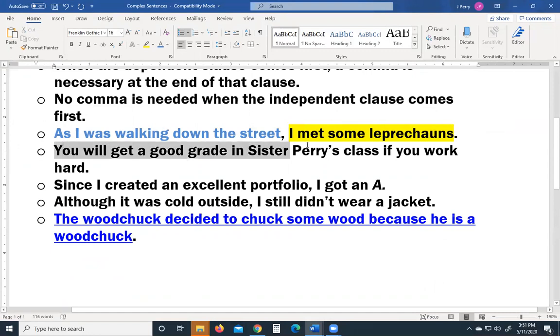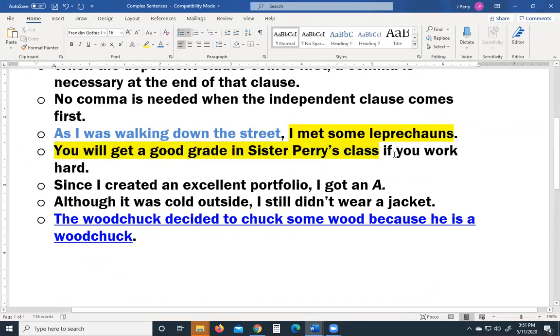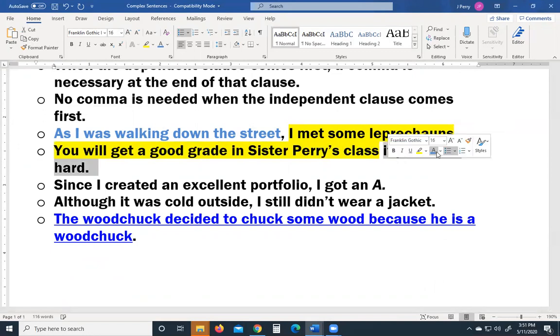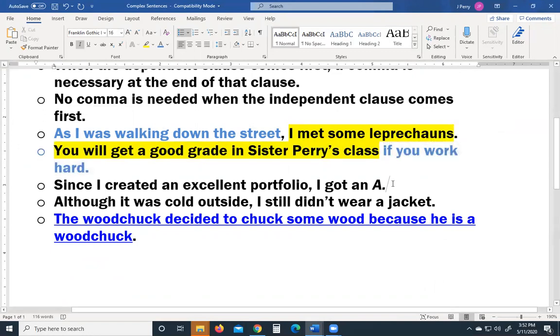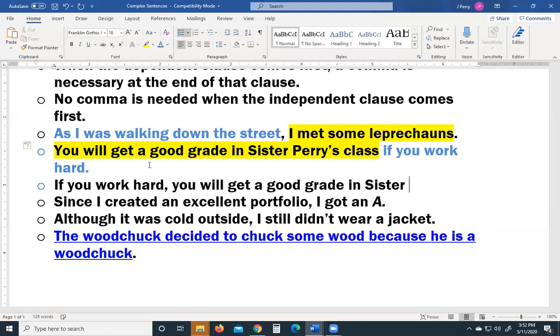You will get a good grade in Sister Perry's class, independent clause, if you work hard, dependent clause. You could also reverse this and say, if you work hard, you will get a good grade in Sister Perry's class.